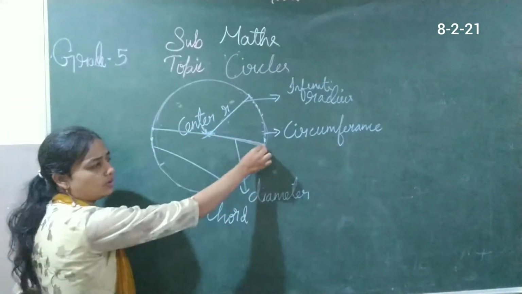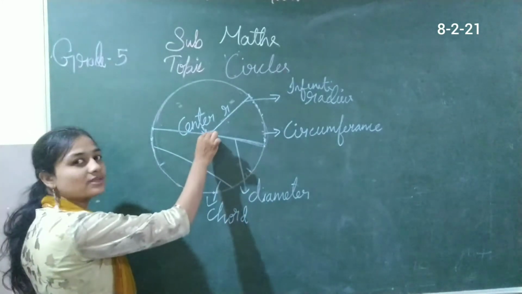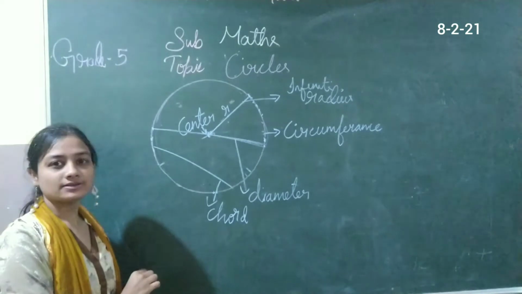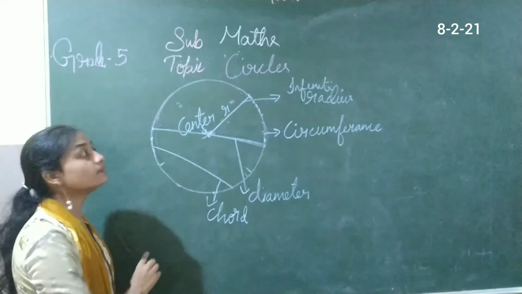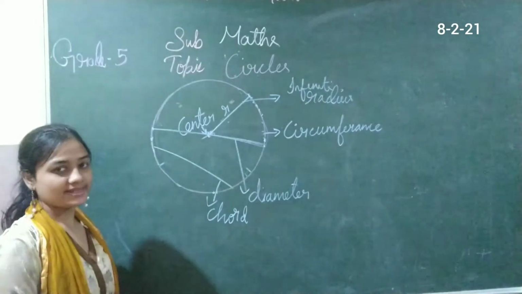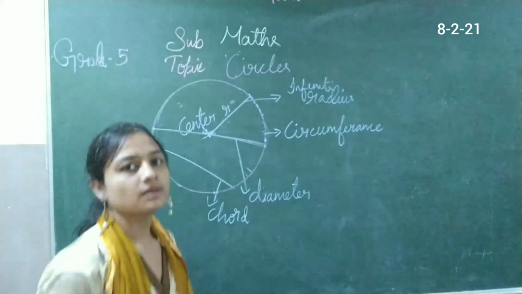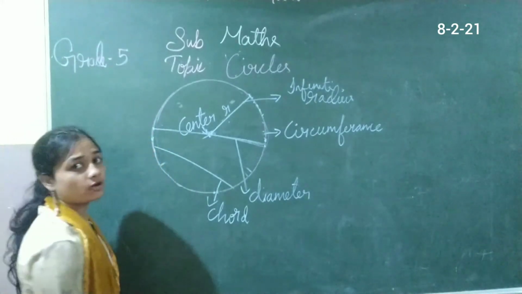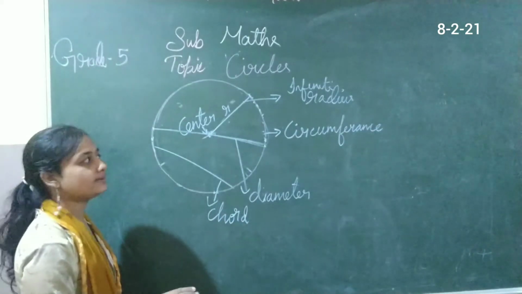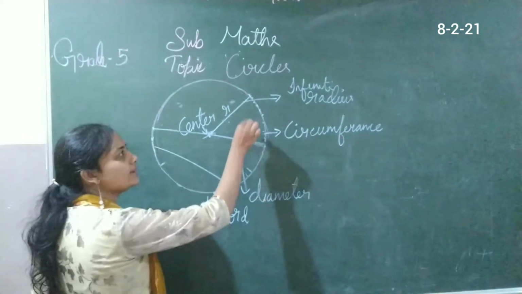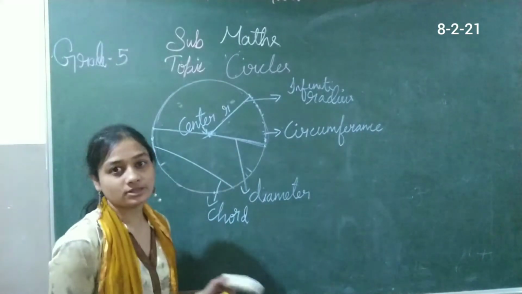Even the diameter is a chord, but a very special chord because it passes through the center of the circle. Other chords will not pass through the center. Next we will be learning about the relationship between the radius and the diameter.